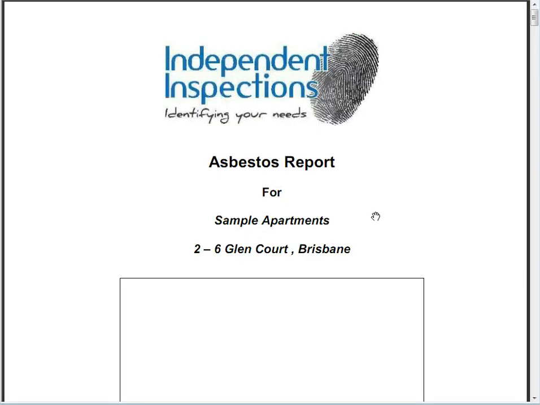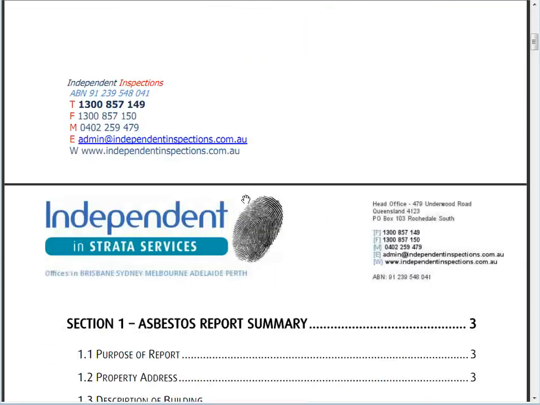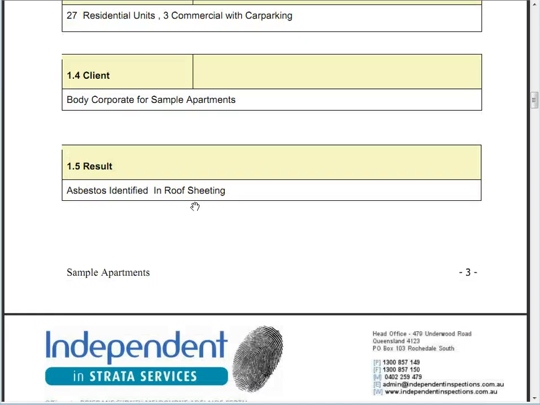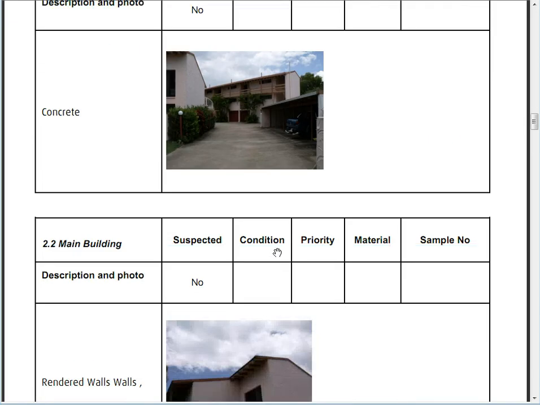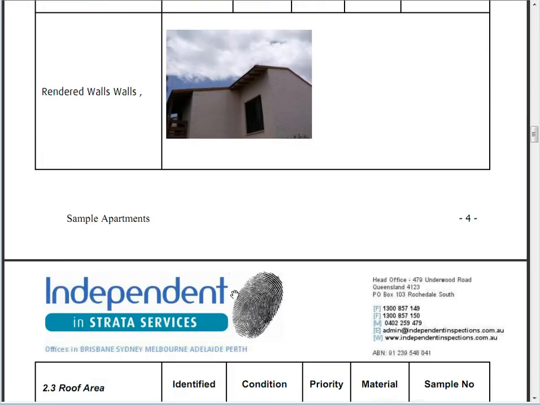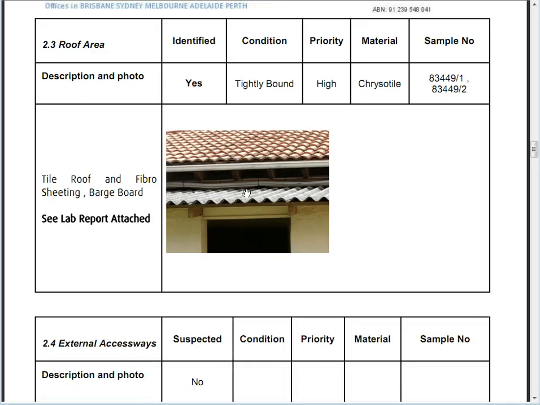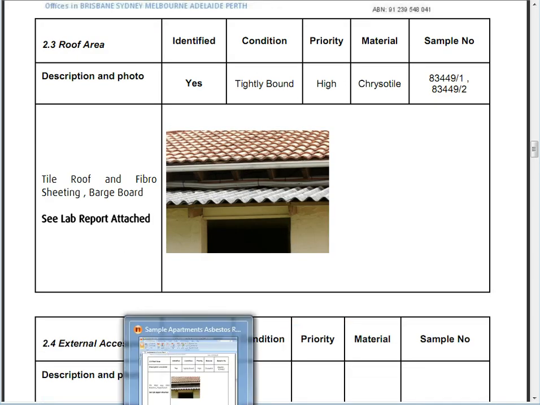Alright, so we were looking at the asbestos report, and then we were looking at each area to see how we can identify what parts in the building, and to work out where asbestos sheeting is and how to manage that. So once we've got that in our report, that needs to be put into a register.